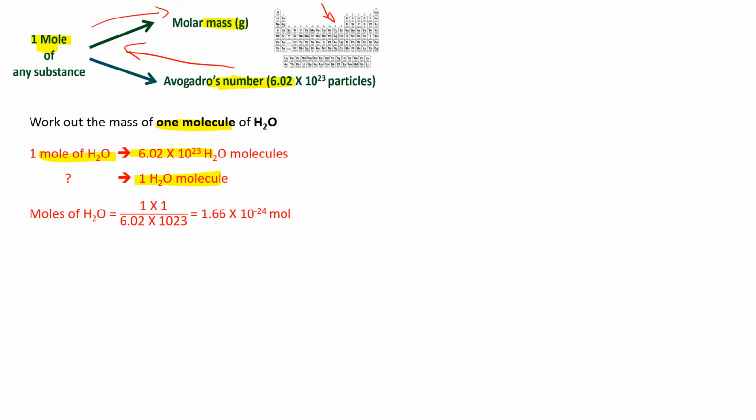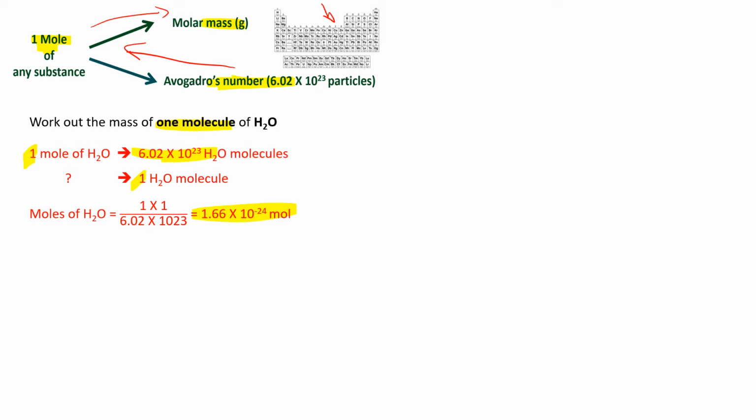We'll just cross multiply, so it will be 1 multiplied by 1 over Avogadro's number. This is the cross multiply that we should do. So the amount of moles of H2O, which is equivalent to 1 water molecule, is 1.66 multiplied by 10 to the power negative 24 mole.